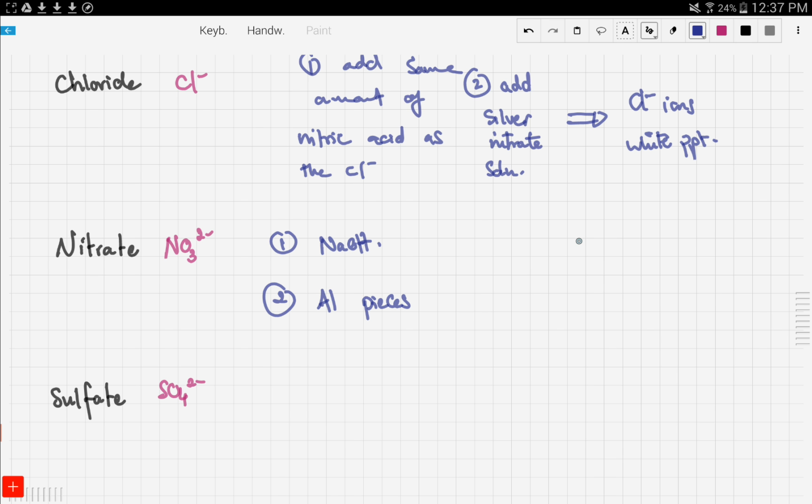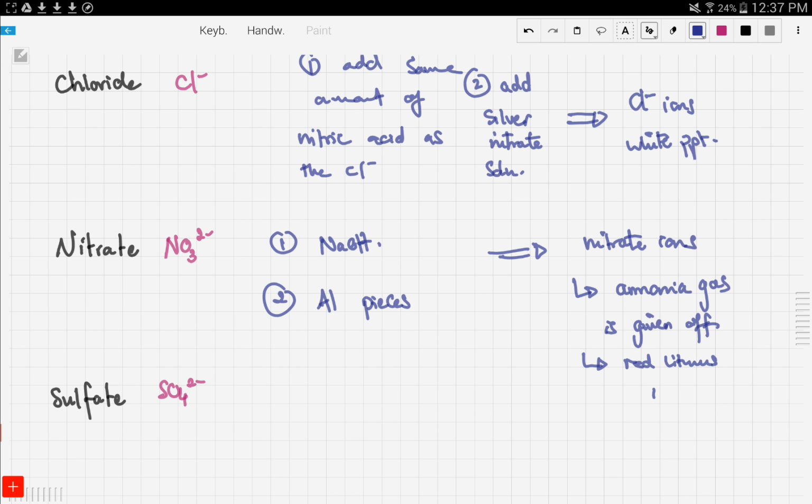Now what's gonna happen is, if nitrate ions are present, then ammonia gas is given off. And in order to test for the presence of ammonia, you test with red litmus paper, and if red litmus paper turns blue, then ammonia is present.